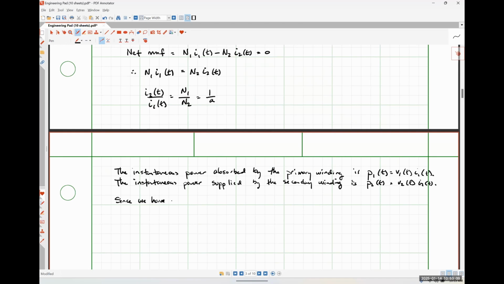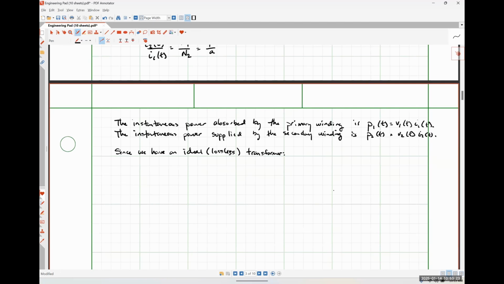since we have an ideal, read that as lossless, transformer, P1 of t, which is V1 times I1, must equal P2 of t, which is V2 times I2.